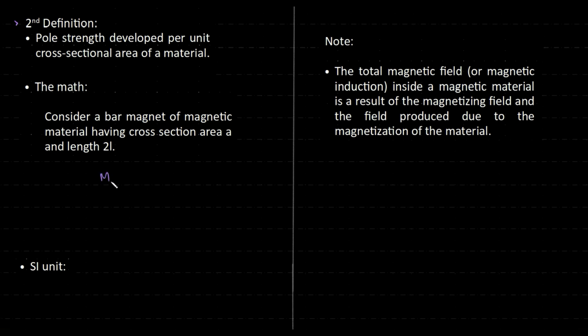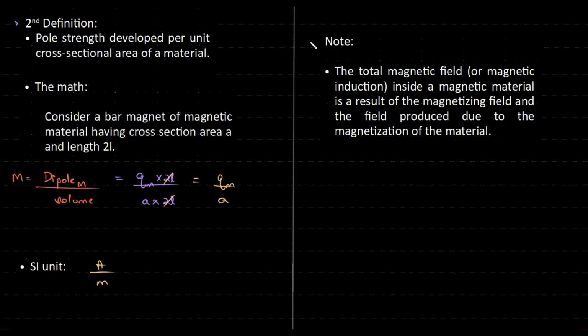So basically, your capital M is equal to Qm into 2L, that's your magnetic dipole moment, divided by your volume. So 2L gets cancelled. We have Qm by A. Here too the unit is the same, ampere per meter.